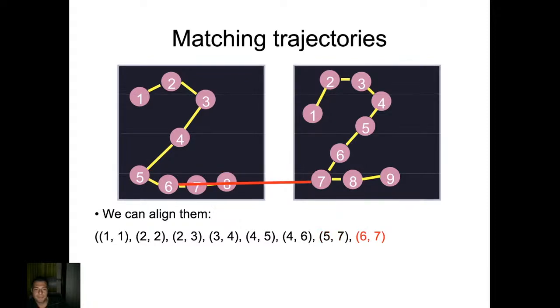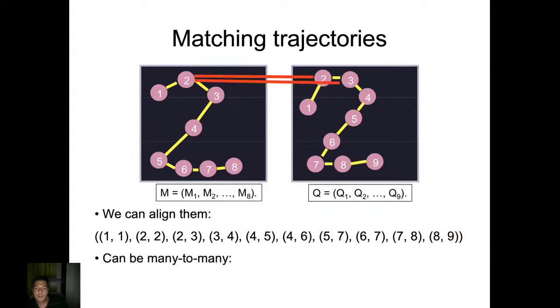Here we have one frame that is matched with 2 frames, and here we also have 2 frames, 5 and 6, that are matched with 1 frame here. So this is kind of trying to warp the time. Here we compress these 2 frames into a single frame, and we also do it the other way around in this region. So in the end we obtain some alignment of the 2 trajectories.